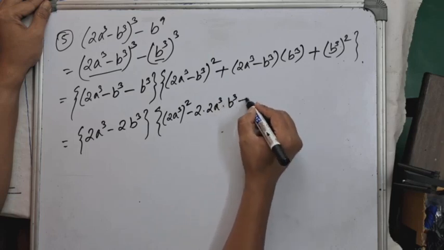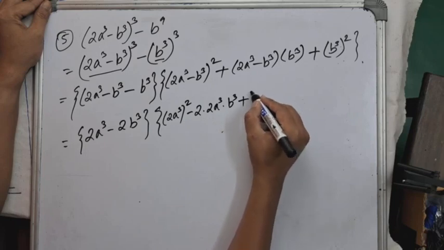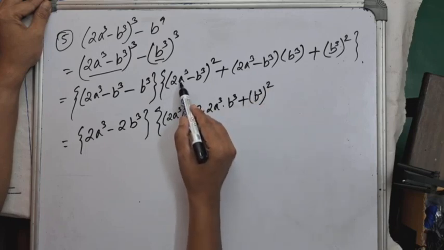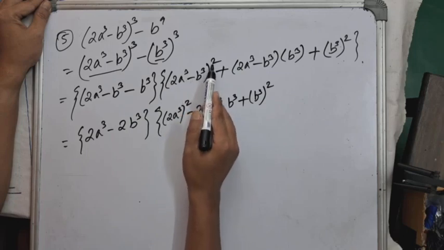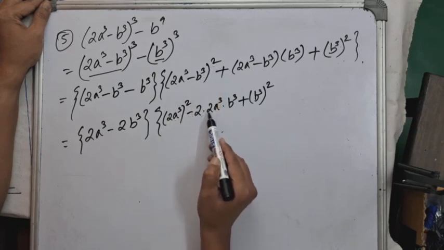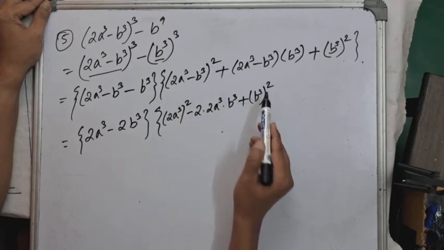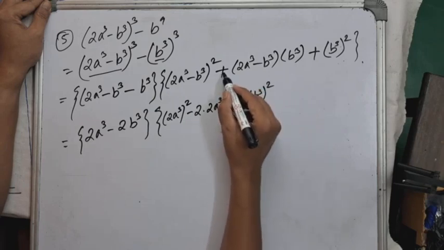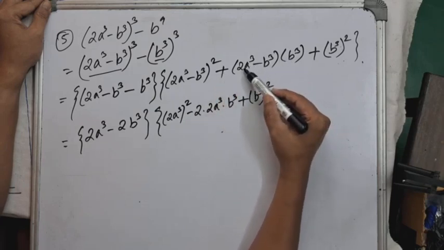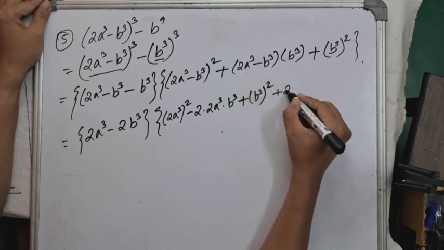Plus, we write here b cubed into 2a cubed is 2a cubed b cubed.